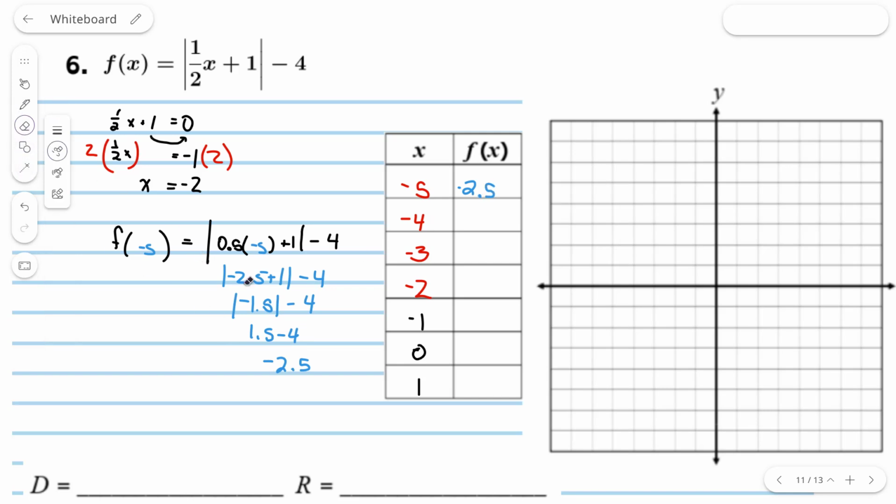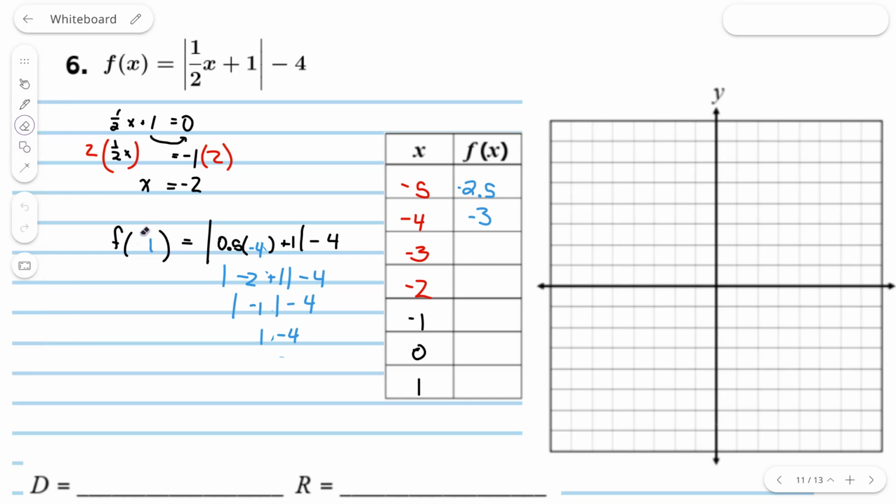Now I'm going to do the same thing with the next number. And so we have a negative 4. So half of negative 4 is negative 2. Negative 2 plus 1 is negative 1. And that's going to be 1 minus 4, which is negative 3.